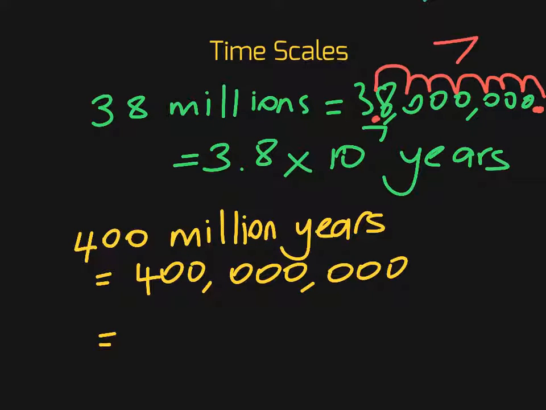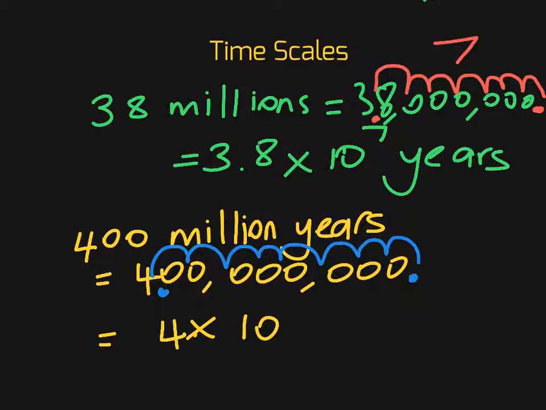Remember, we want this to turn up to here. So it's 1, 2, 3, 4, 5, 6, 7, 8. So it's written as actually just 4 because it's a whole number, multiplied by 10. And remember, we moved it 8 places. So that's for large numbers.